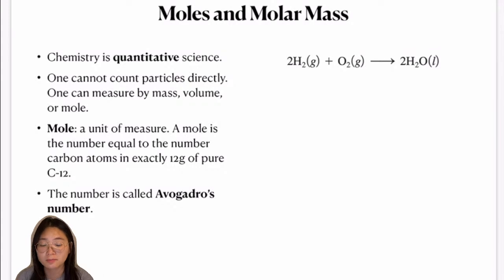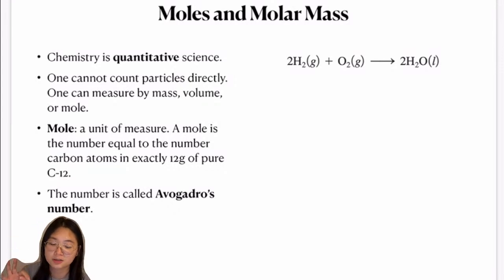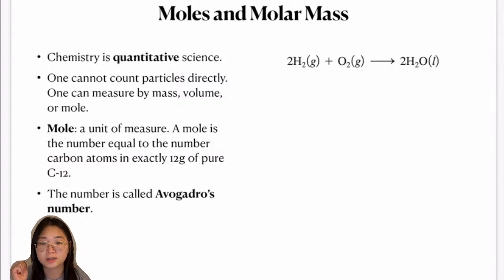We can actually count them because they're tangible, and it's pretty easy to count them. But when it comes to tiny particles such as atoms, electrons, protons, molecules, or ions, we cannot count the number of the particles directly because they're so tiny.